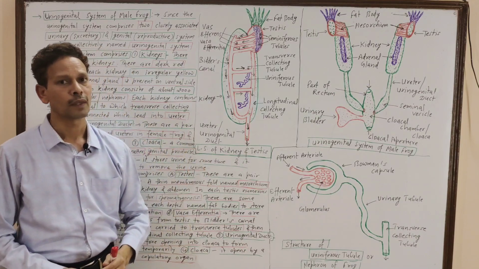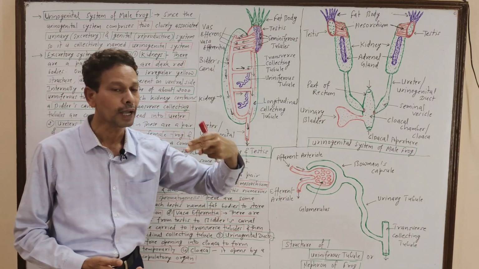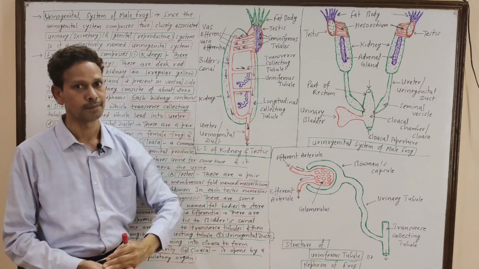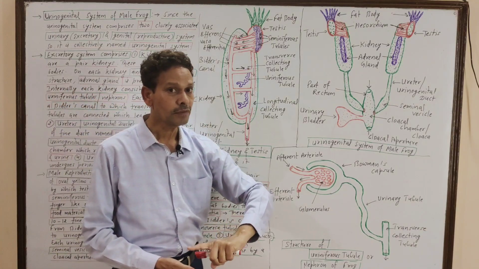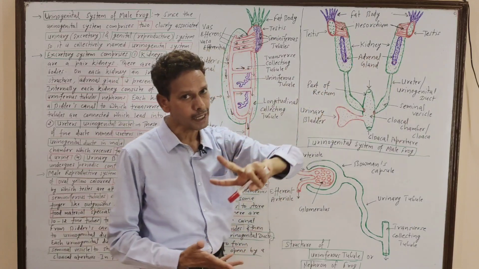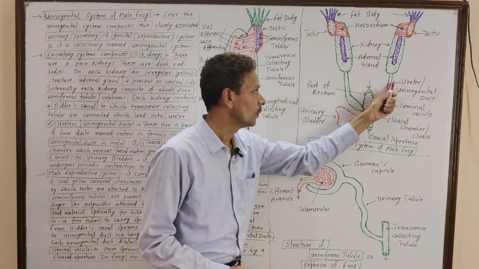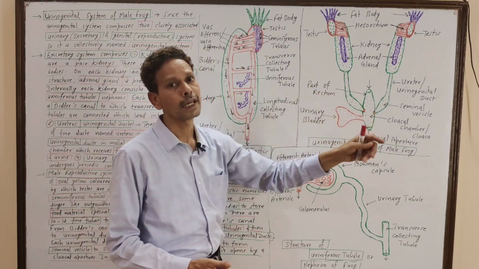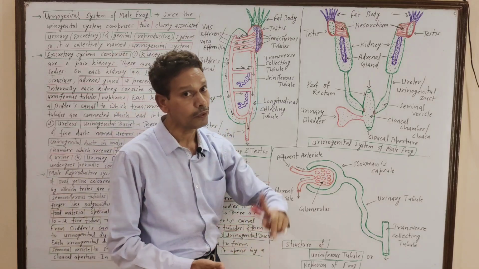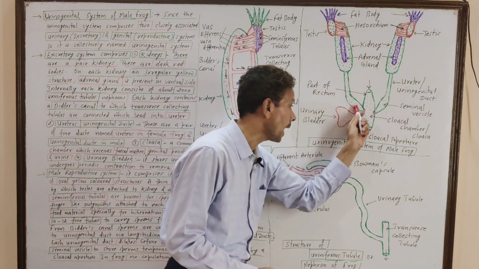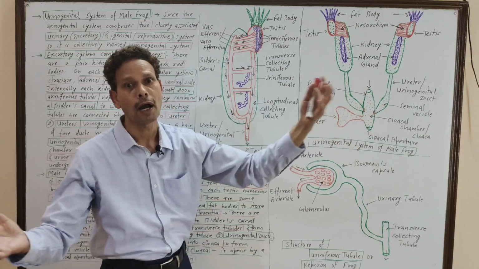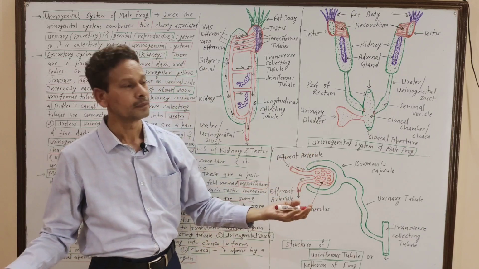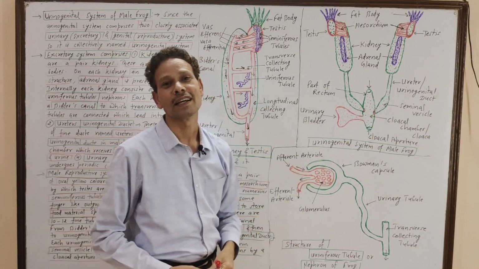Dear students, this is all about the urinogenital system. Means two systems, the urinary excretory system and the genital reproductive system of the male frog. The excretory system has a pair of kidneys and a pair of ureters, which are fine tubular structures in the female frog. But in the male frog, note down, the terminal part gets inflamed, this enlarged swollen part stores the male reproductive discharge, the semen, and this one is the seminal vesicle.